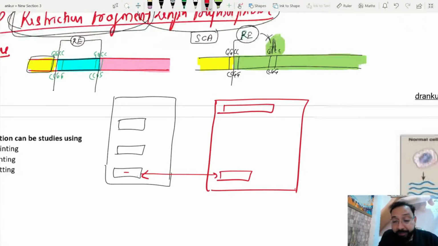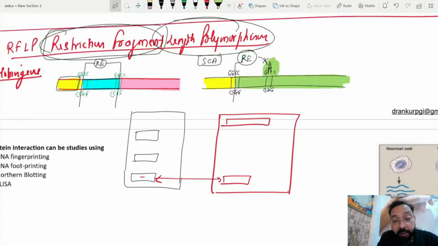In electrophoresis, movement depends on size, shape, and charge. Now these fragments are moving according to their size, and we found that in the normal beta globin gene, due to restriction endonuclease, three fragments are obtained, and these produce three bands on electrophoresis.